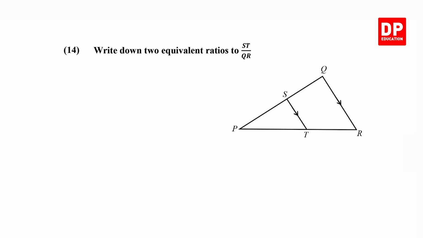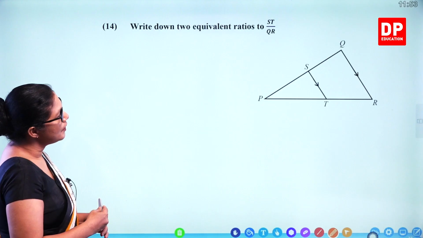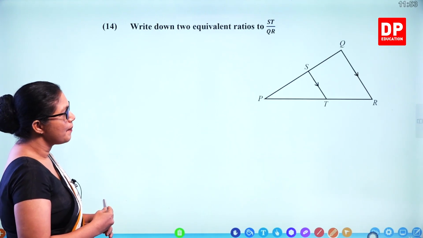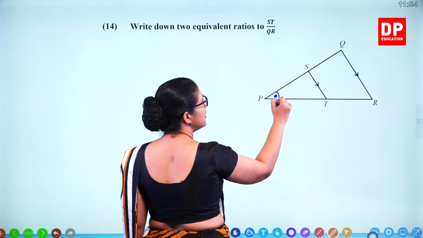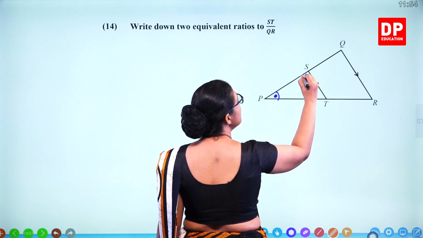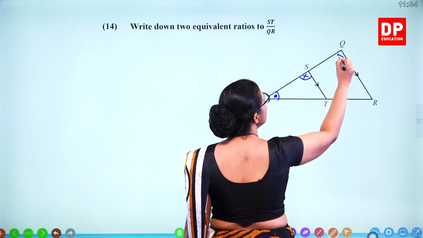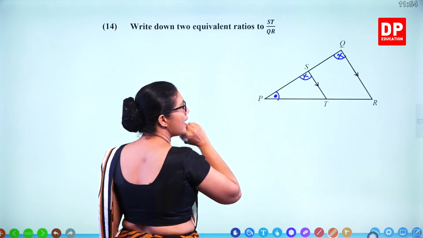Question number 14. Write down two equivalent ratios to ST and QR. Now the two lines are parallel, given. Look carefully. This is a common angle. This angle and this angle are both the same, corresponding angles.